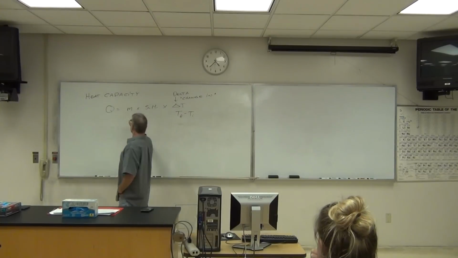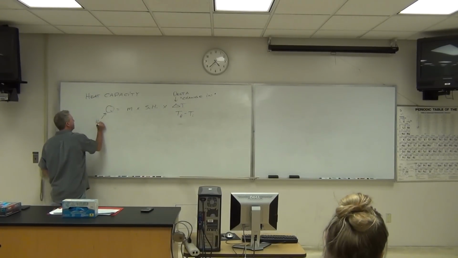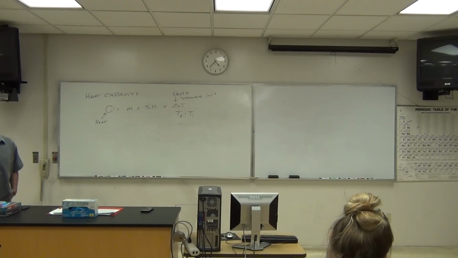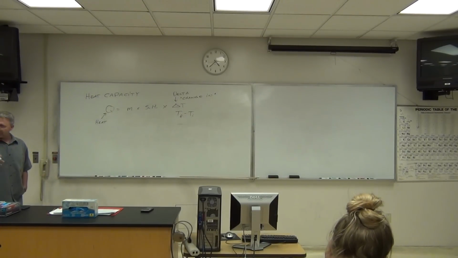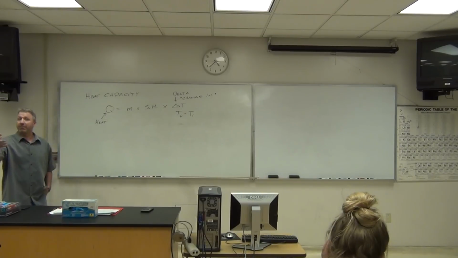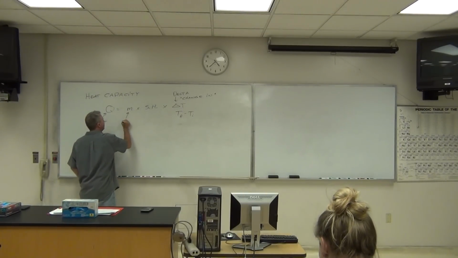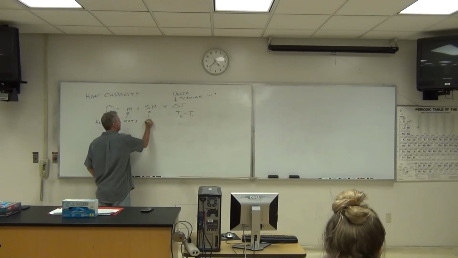This is mass. First of all, this is heat. It's heat, or energy. All heat is energy, but not all energy is heat, because you have other forms of energy, potential energy, chemical energy, all kinds of things. But this is heat, this is mass, and this is specific heat.